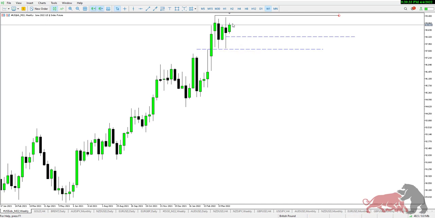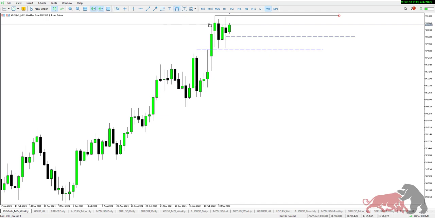Price was coming and then it pushed to the upside, price coming and then pushing to the upside. So that's fair value in terms of the current month and the previous month. So we've got fair value there where we should anticipate price to trade lower and push to the upside.